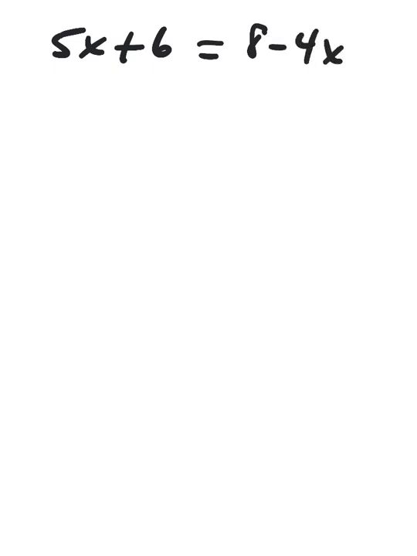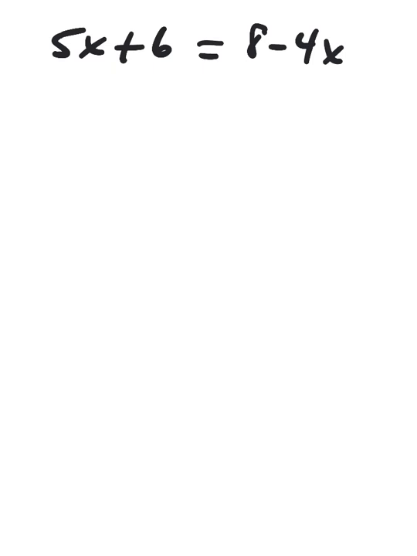Let's solve another linear equation. 5x plus 6 is equal to 8 minus 4x. In this equation, there are x variable terms on each side of the equation, 5x and negative 4x.